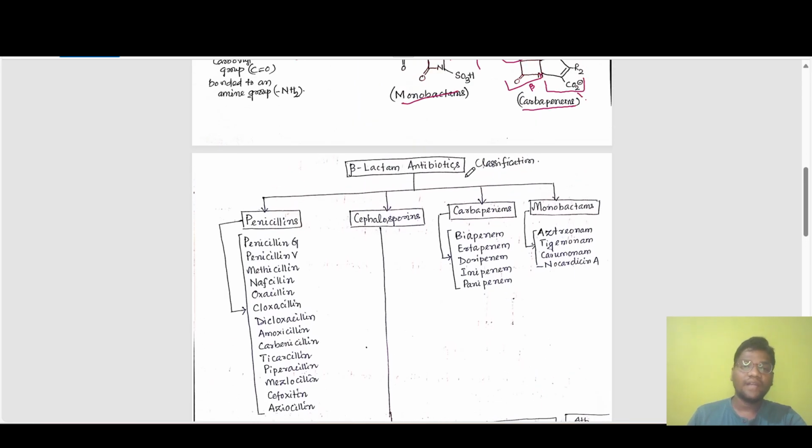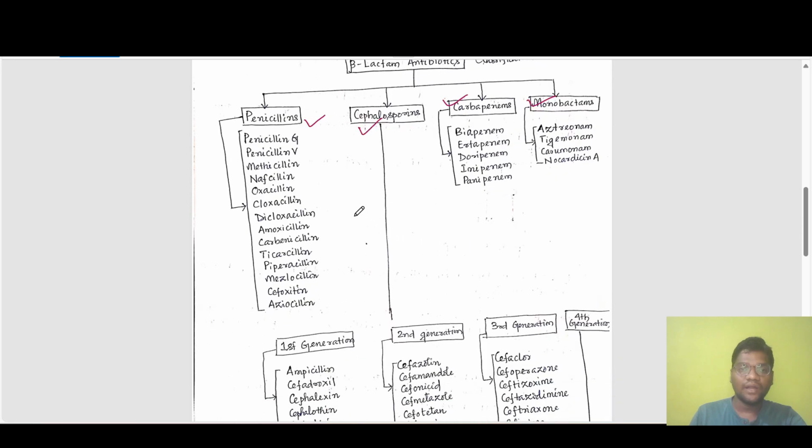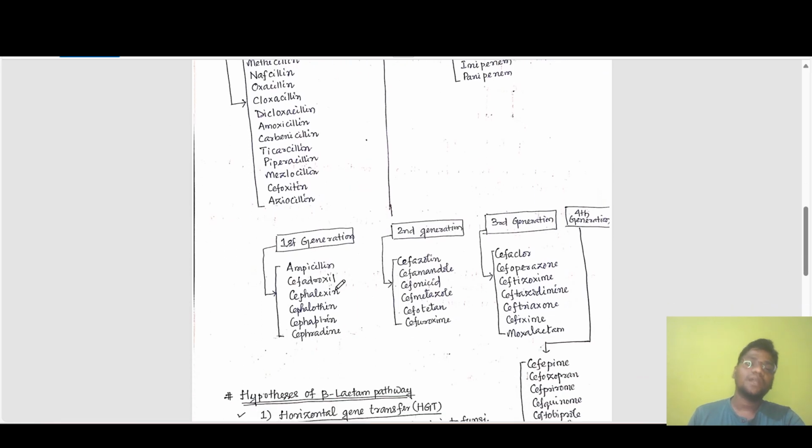this is a schematic diagram, or you can say flow chart, where you can see the beta-lactam antibiotics. They are classified into four major categories that we have already discussed, and these are examples of different types of antibiotics which come under penicillin, cephalosporin, carbapenem, and monobactams. Specifically in cephalosporin, there are four generations of antibiotics depending upon their discovery.